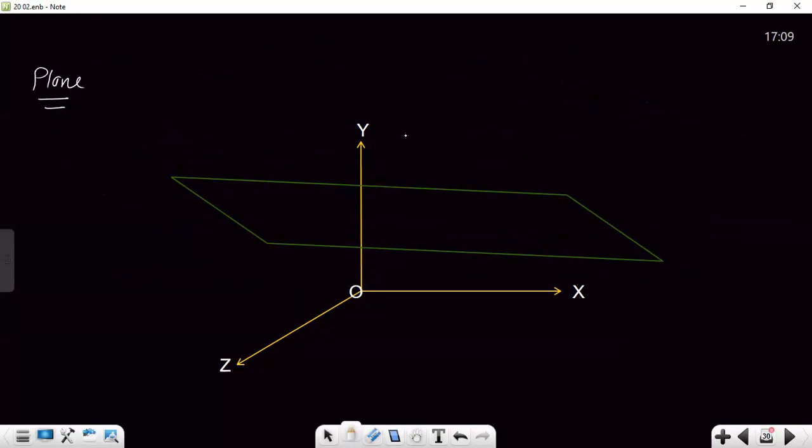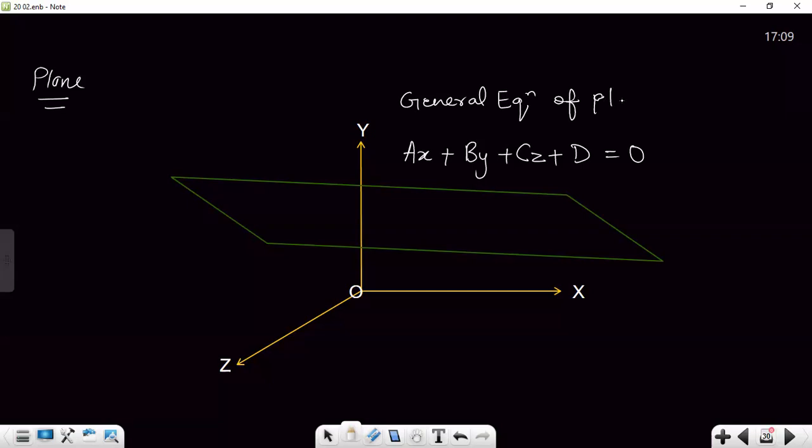So first, we are going to discuss the plane's equation. The general equation of the plane is ax plus by plus cz plus d. That is the general equation of planes.